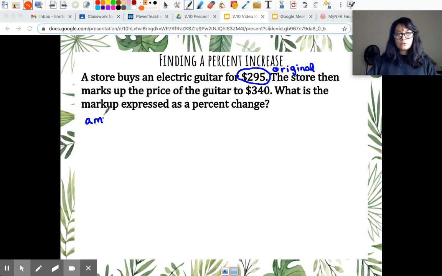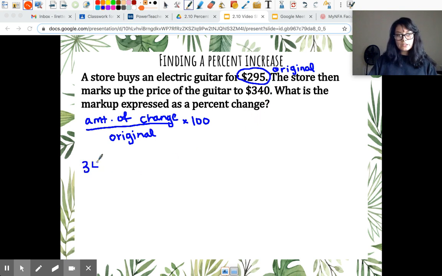So again, my formula is amount of change divided by original, times 100. To find my amount of change, instead of doing original minus new, I want to do it the other way because I want to subtract so I get a positive.